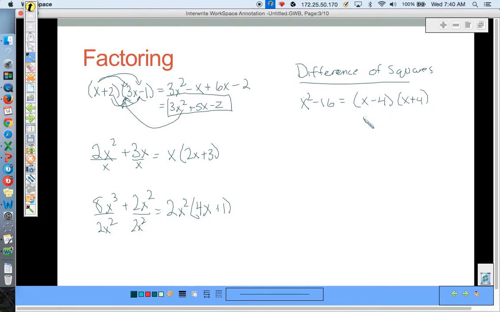Because if you distributed this again, x squared plus 4x minus 4x minus 16, you can see the positive and negative 4x sum to 0, so we're left with x squared minus 16. And it works anytime you are taking the difference of squares. So for example, if you had 4 minus 9x squared, you have 2 and 3x, so it would be 2 minus 3x and 2 plus 3x. So those were our easy ways of factoring.